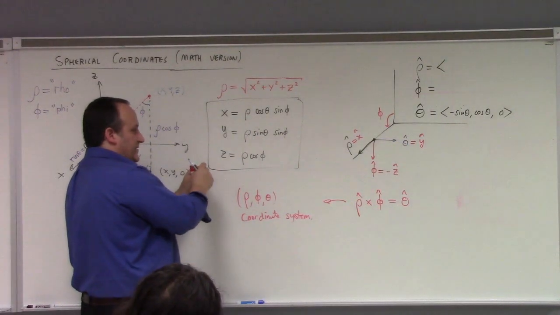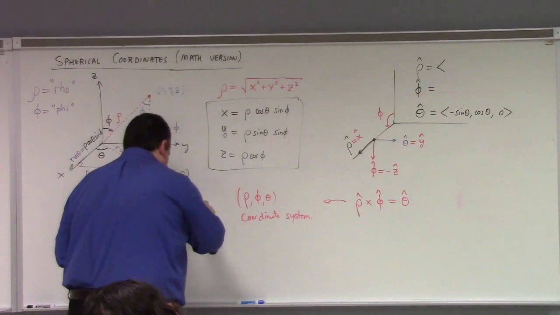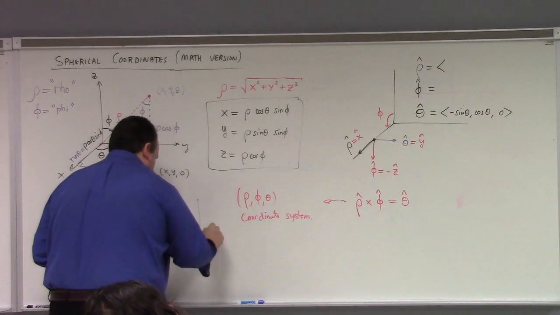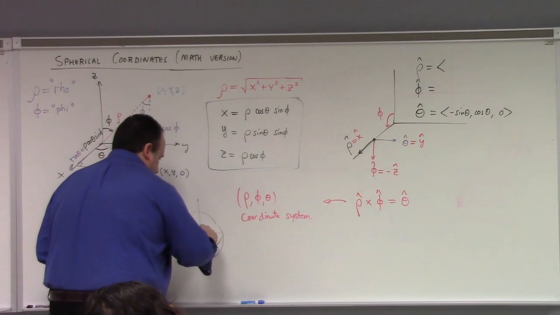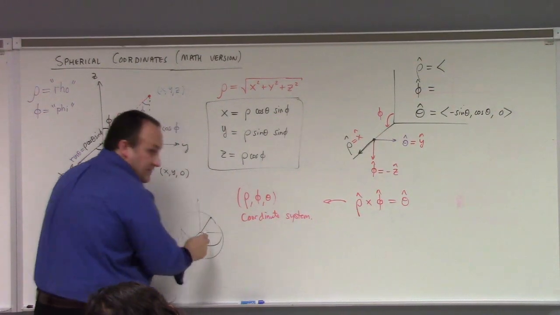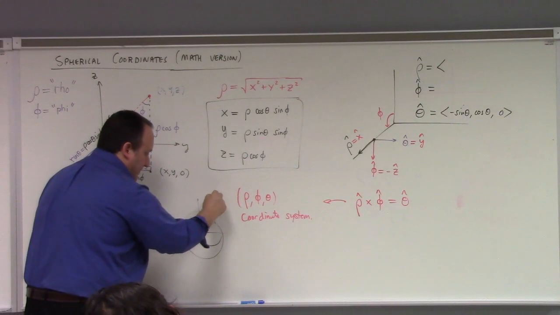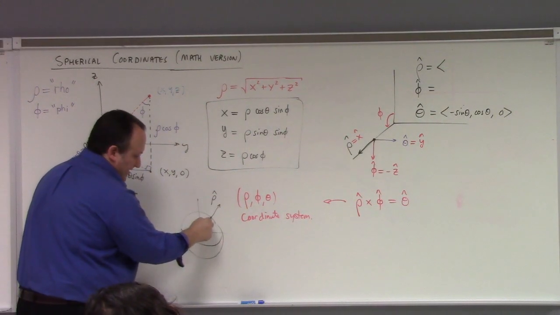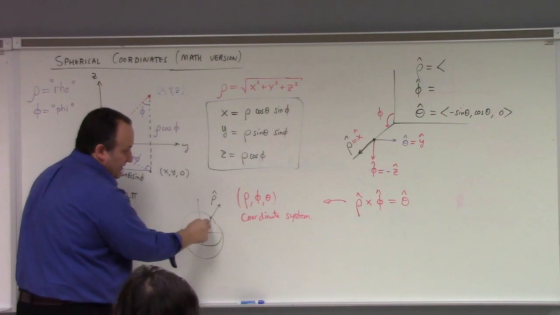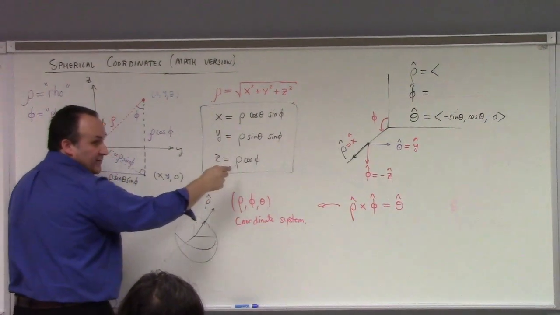That gives you a vector that points from the origin. If you think about the unit sphere, if I have this point like that, and I move that vector out to here, that's what I would call rho hat. That vector from the origin to there, I can get just from putting rho equal to 1 in these formulas.